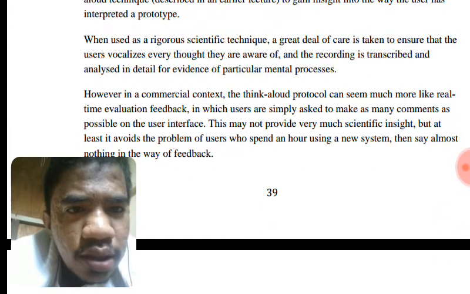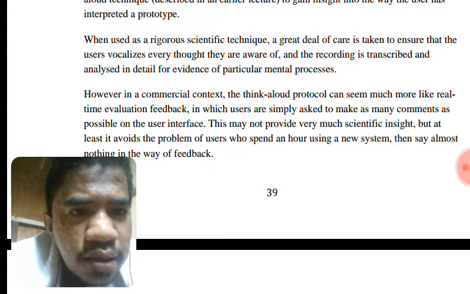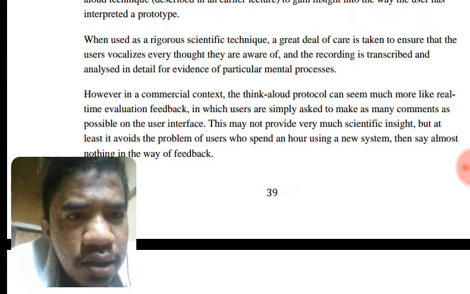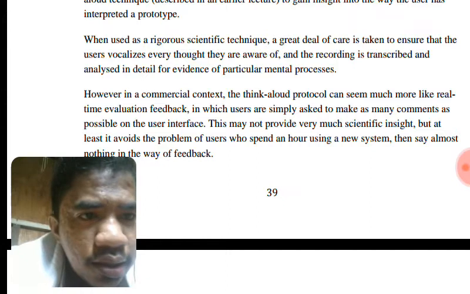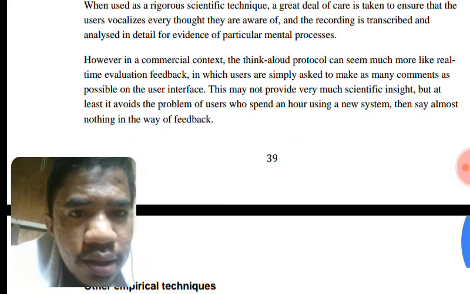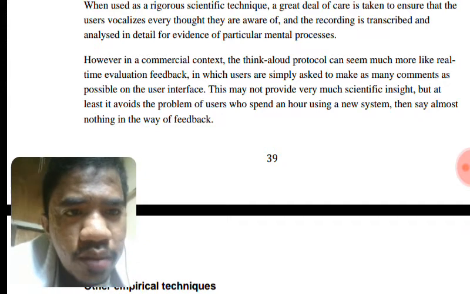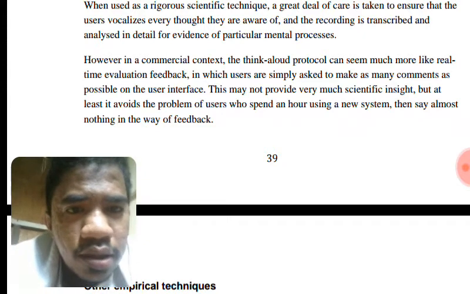When used as a rigorous scientific technique, a great deal of care is taken to ensure that the user vocalizes every thought they are aware of, and the recording is transcribed and analyzed in detail for evidence of particular mental processes.